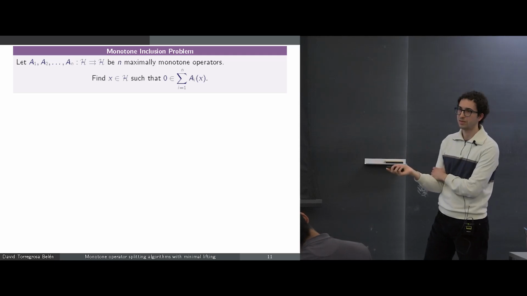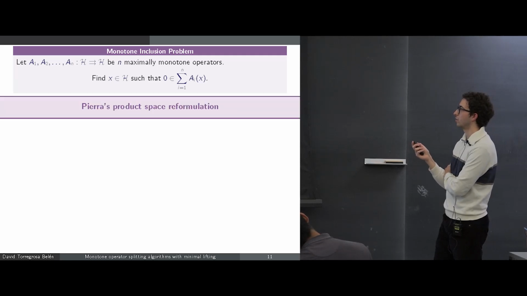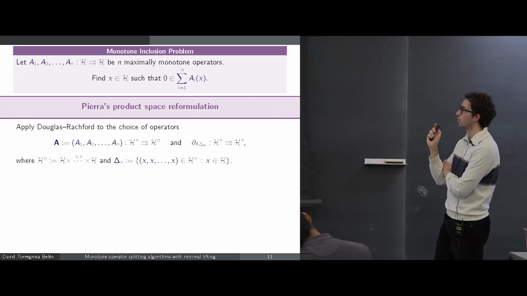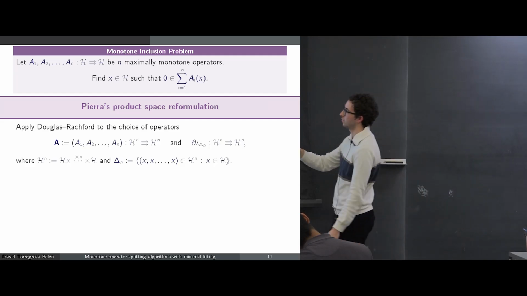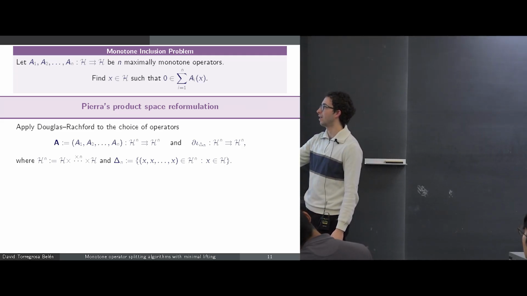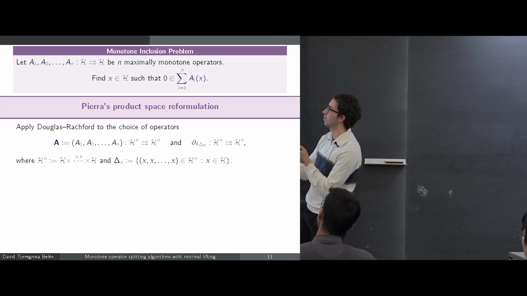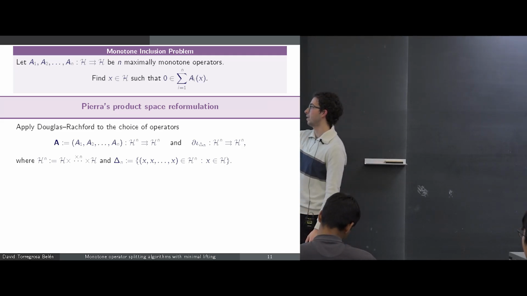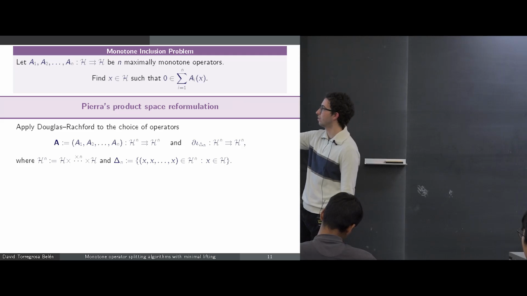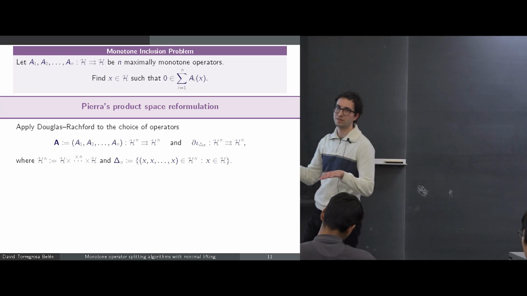There is one very simple trick, which has been known since the 70s, I think, called the Pierra product space reformulation, which consists in applying Douglas-Rachford to a special choice of operators, which is this operator bold A, which is like a Cartesian product of all the maximally monotone operators appearing in the sum, and then this operator, which is the subdifferential of the indicator function of this set Delta_n, which is the diagonal subspace.